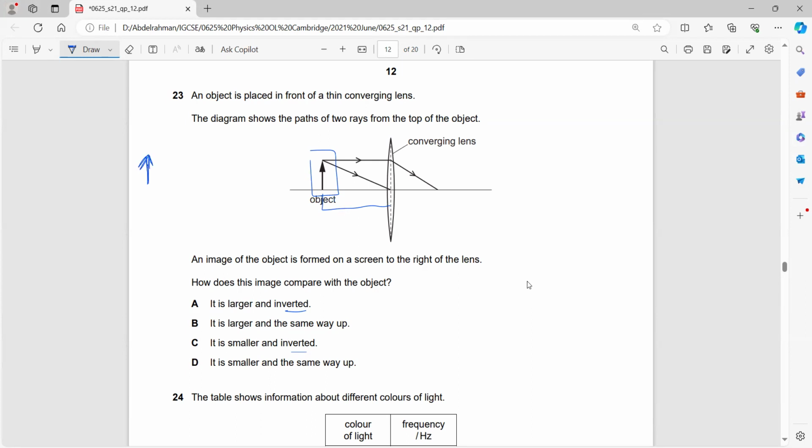If the object was very far away from the lens, it would produce a small image. Whenever the object is close to the lens, the image becomes larger. The image becomes enlarged. Whenever the object is closer to the lens, what happens to the image? The image becomes larger.